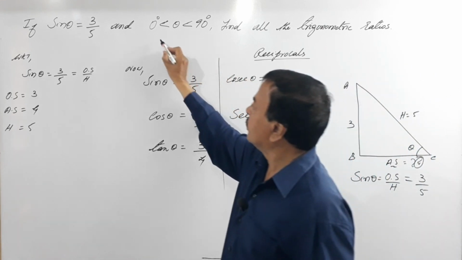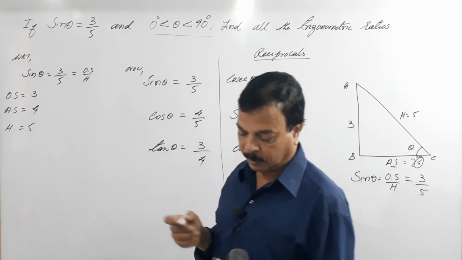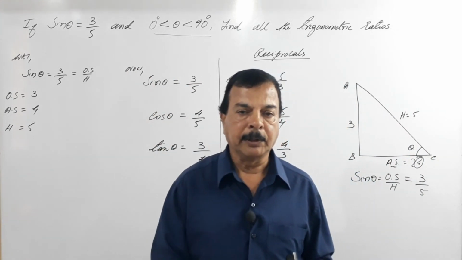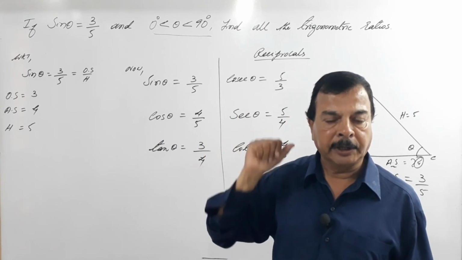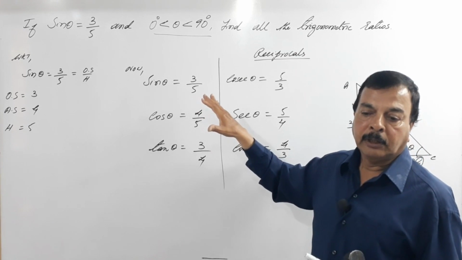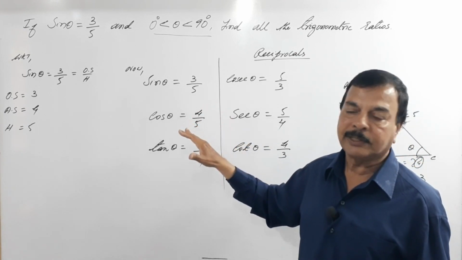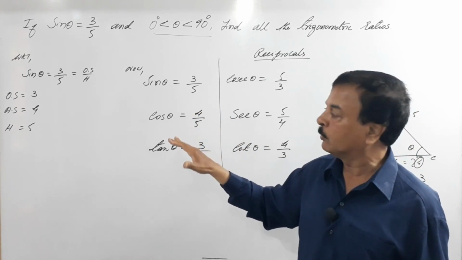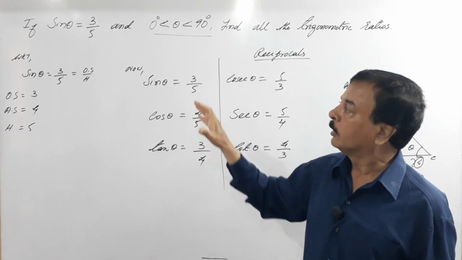The only thing which misleads you is this. Otherwise, once you know the method, you can easily do it. So dear students, I hope this will be of great help to you, to revise and refresh the trigonometric ratios and their reciprocals and how to compute their values.